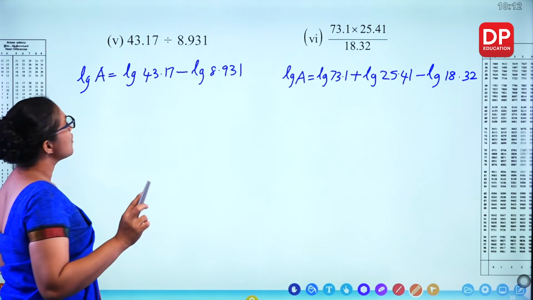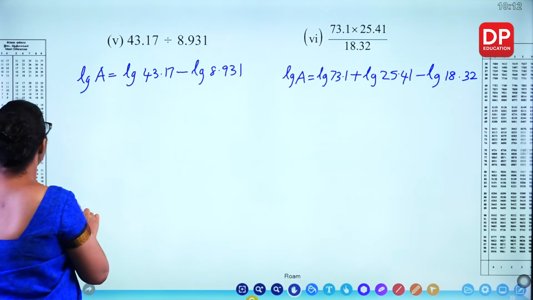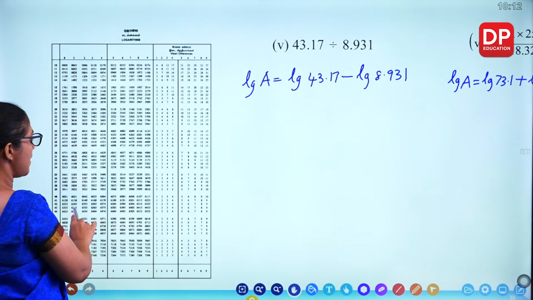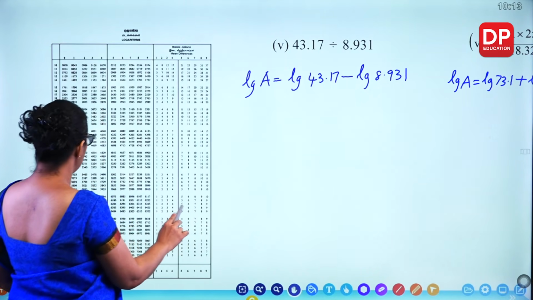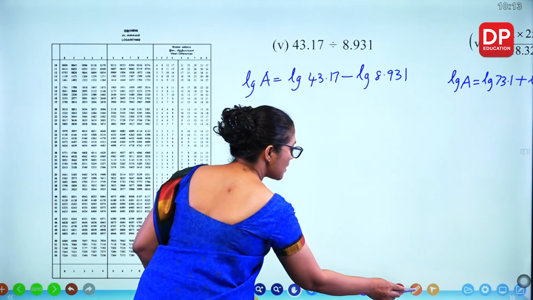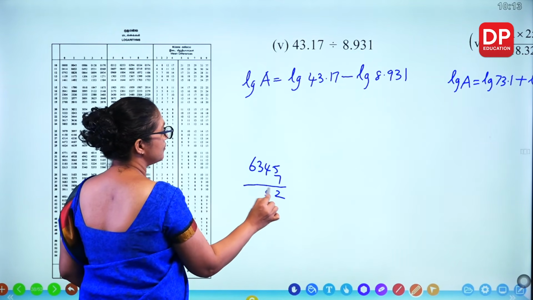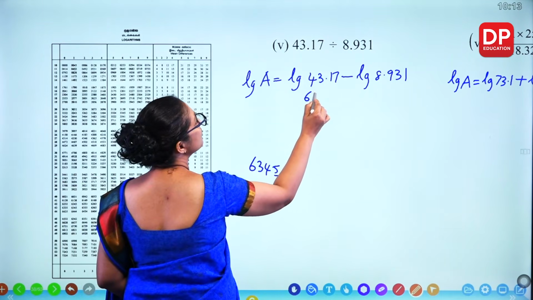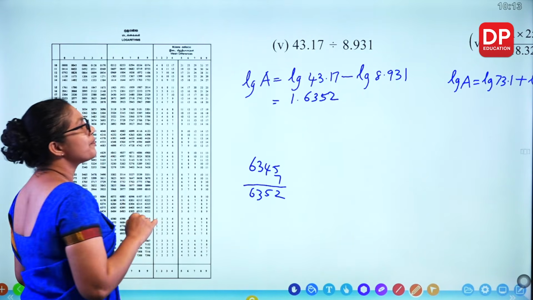Now we'll try to find out the log values. 43.17, 7 is 7. So adding 7 to 63.45, 63.52. This is 43, so the characteristic is 1.